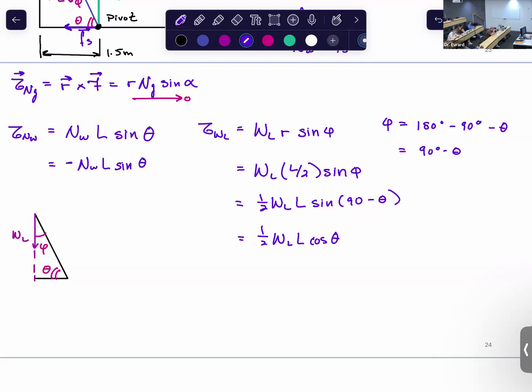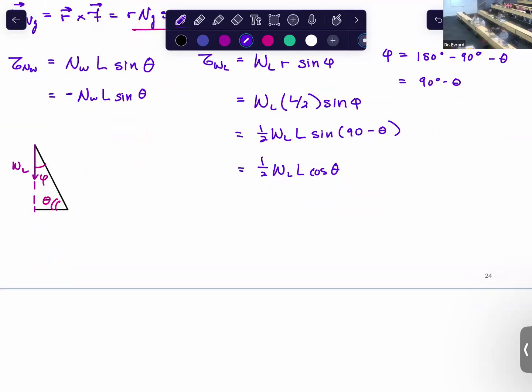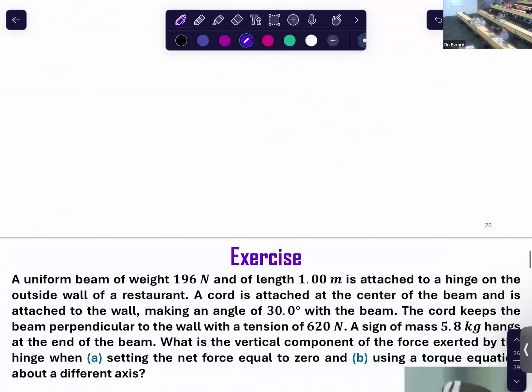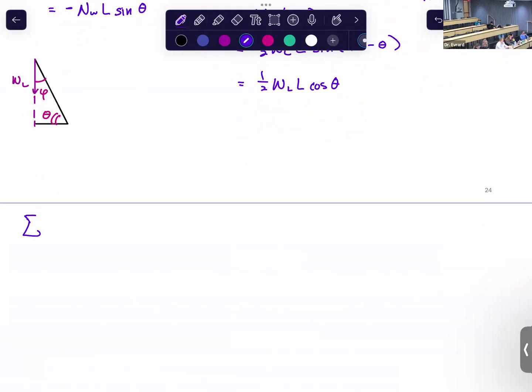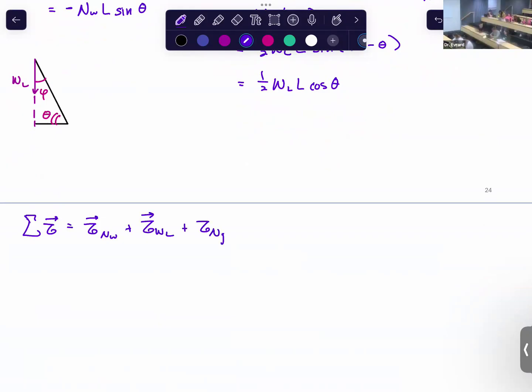Okay, so now we have these two torques. Now we're going to sum my torques. It's an equilibrium system, so that's 0.